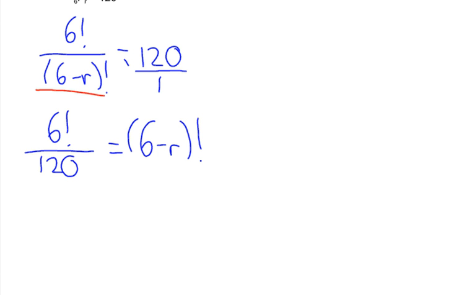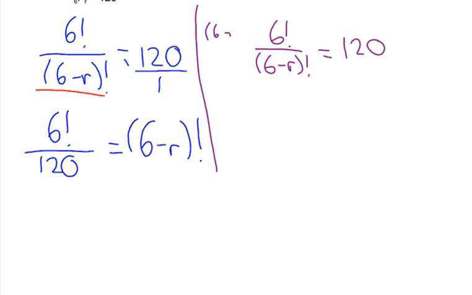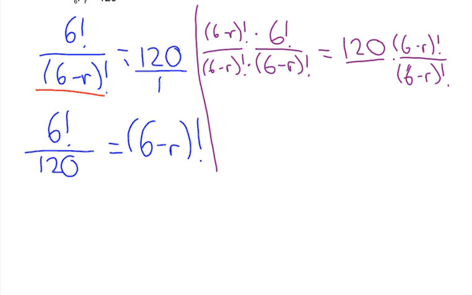So they do just switch spots, and mathematically it works because what we can do is, to get rid of 6 minus r factorial from the bottom here, we can multiply both sides by 6 minus r factorial, and over here we can do the same thing.